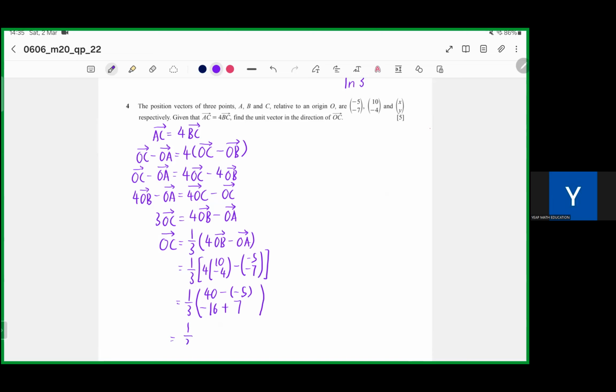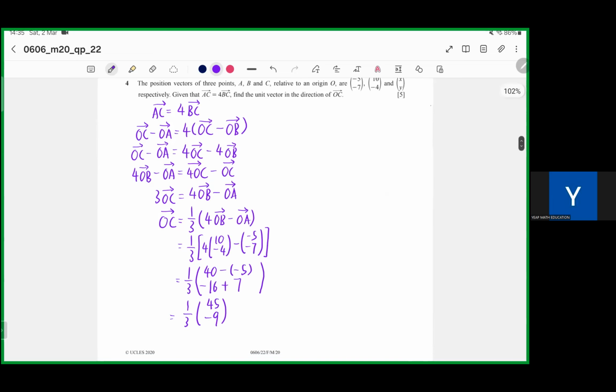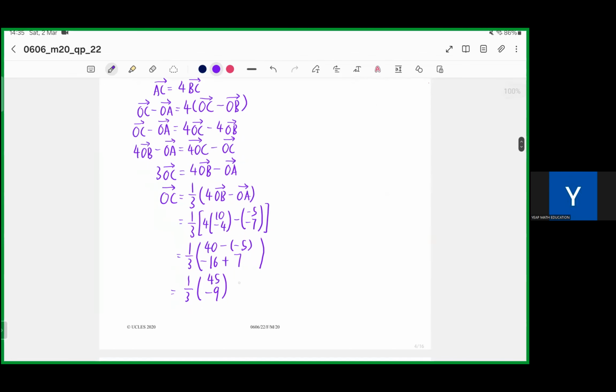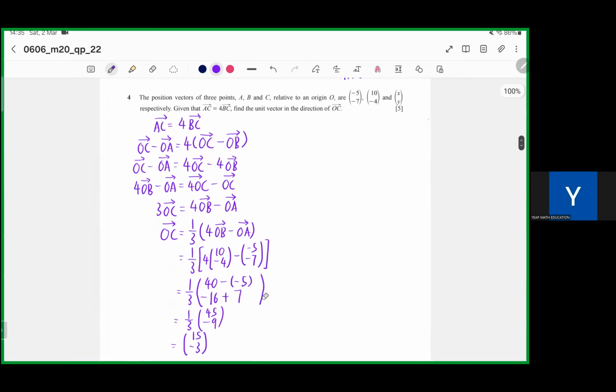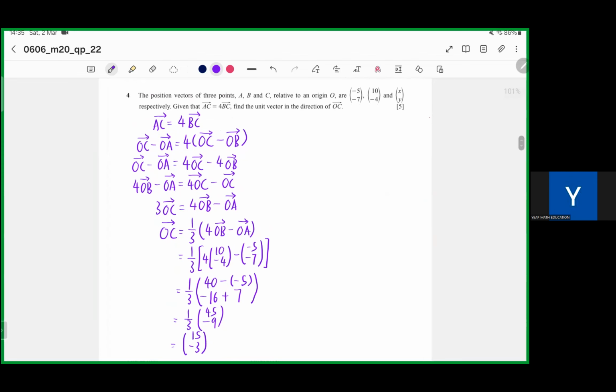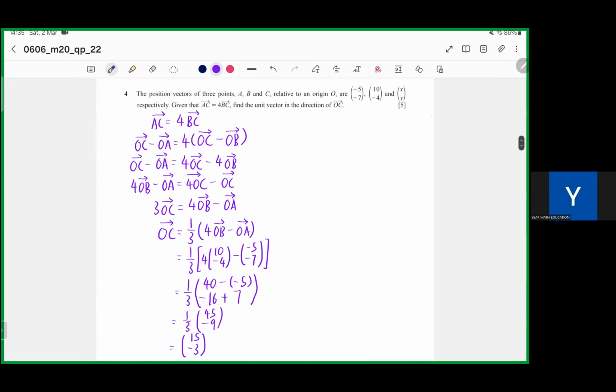So here we got 45 minus 9, and then last we got 15 minus 3. After solving this, now we need to find the unit vector in the direction of OC.